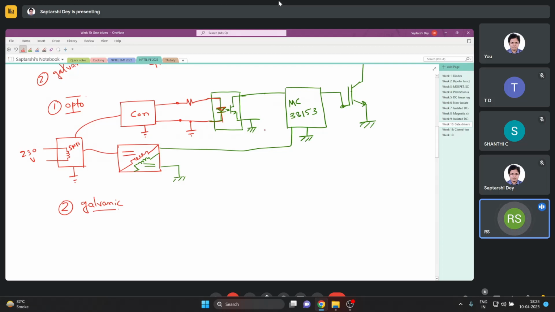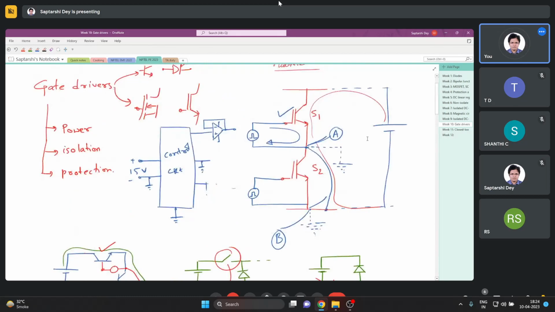So the references are different. We need isolation. Yes, but our objective is not to have different references. Our objective is to avoid these kinds of things.